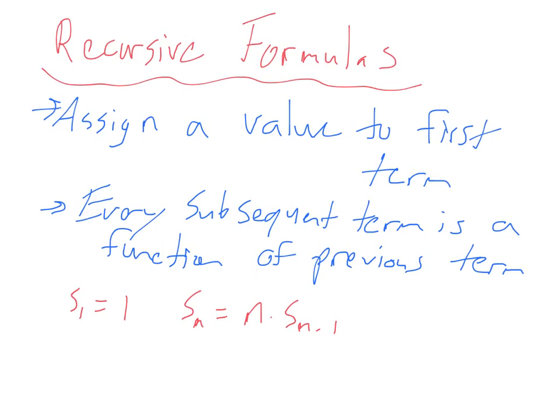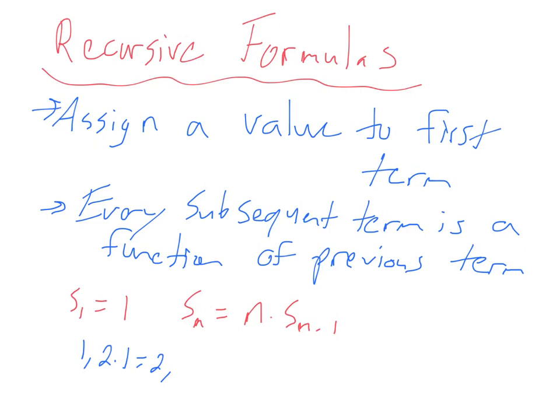Which means in this case, we take whatever term number we're at, if this is s sub 2, then it's 2, if it's s sub 3, this is 3, and we multiply it by the value of the previous term. So this is one example of a recursive function, or a recursive sequence. And so the first term would just be 1. That's what s sub 1 is. The second term, s sub 2, is going to be 2 times the previous one, which is 1, so 2.